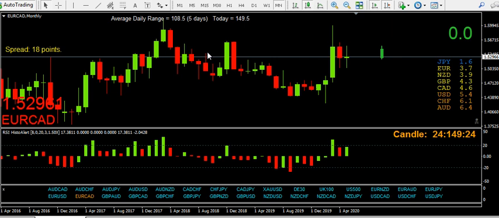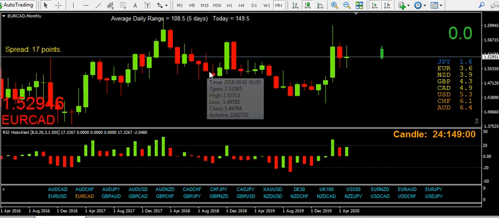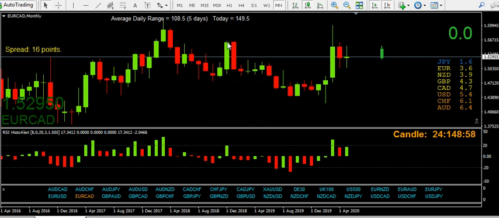But categorically, we need to see the break of both of these candles in order to consider the downtrend broken and the new trend up on its way. Ideally, you'd want to break just a pip or two above that, then potentially a pullback, and then a continuation.